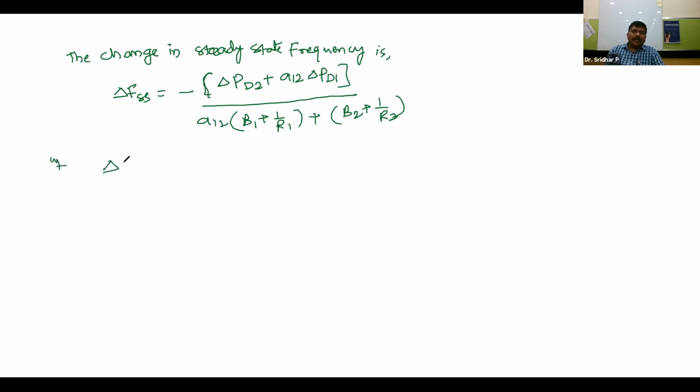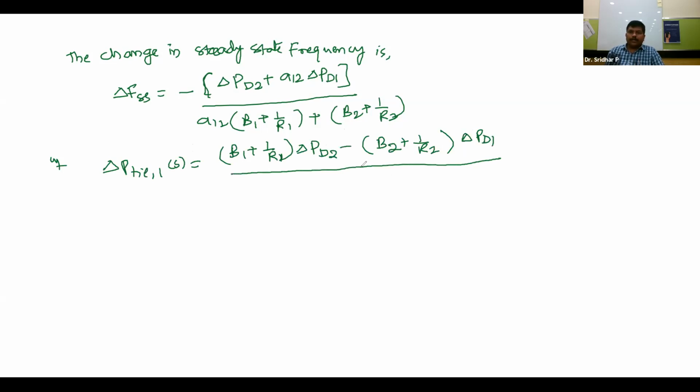Similarly, we will get delta P tie 1 of S. This expression is B1 plus 1 by R1 into delta PD2 minus B2 plus 1 by R2 into delta PD1, divided by A12 into B1 plus 1 by R1 plus B2 plus 1 by R2.